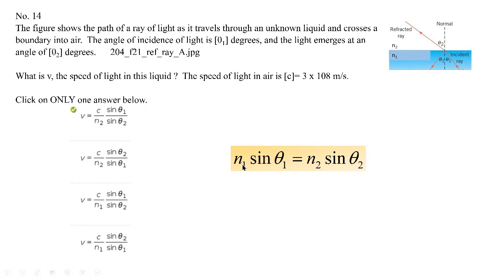N1 is the index of refraction, and velocity 1 is equal to c over n1. So from here you move this one over here and that over there. Therefore the velocity is c over n1, but 1 over n1 is sine theta 1 over n2 sine theta 2. So this is the formula.